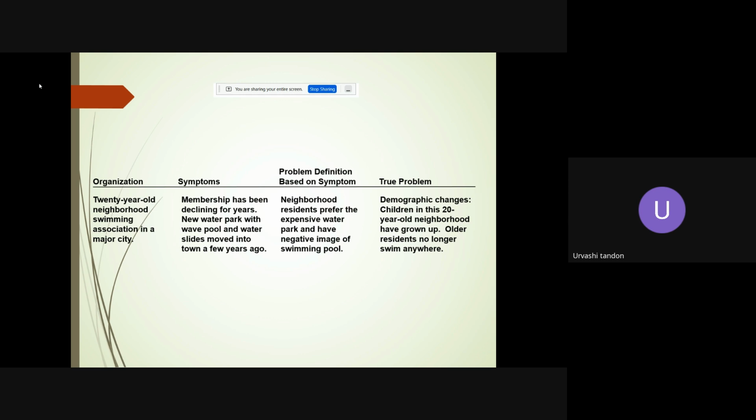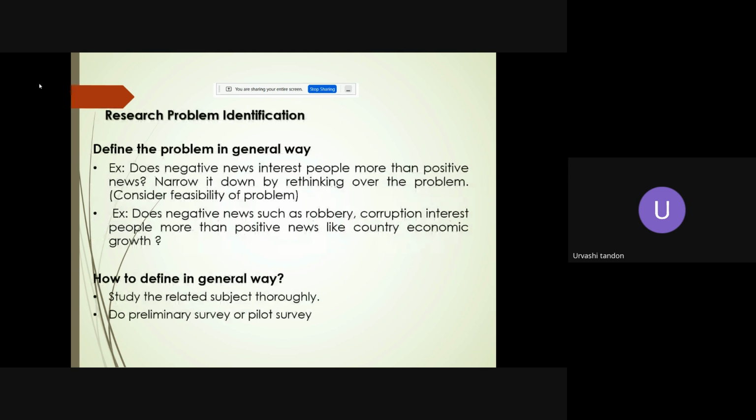So this was the true problem. On the basis of symptoms, we could identify that okay, a new water park has come, let's start the promotion. But the problem was something different, right? So with this type of problem, the solution and the research have to be different.